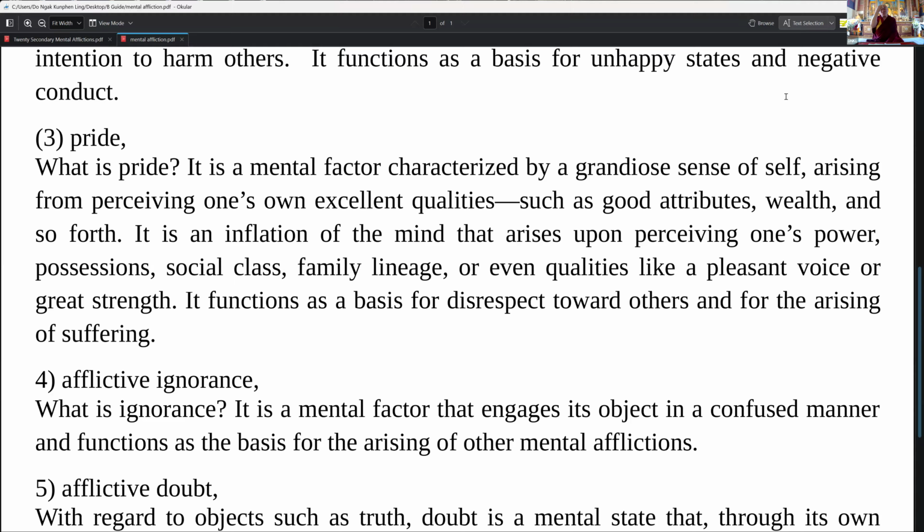But we have to rethink how we say it or how we talk to them. Okay, anyhow, that's pride, and considering pride based on this definition, pride is a 100% negative emotion which has to be reduced or abandoned. It's useless.